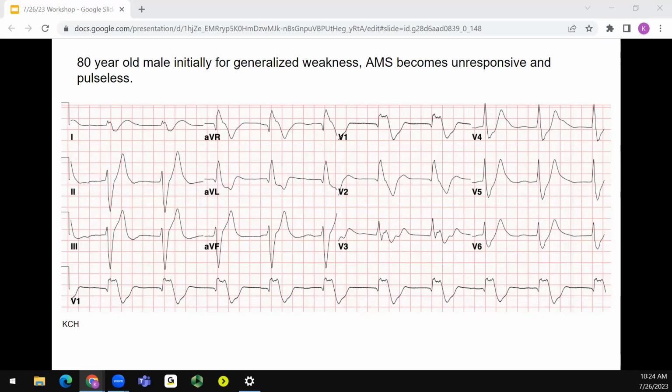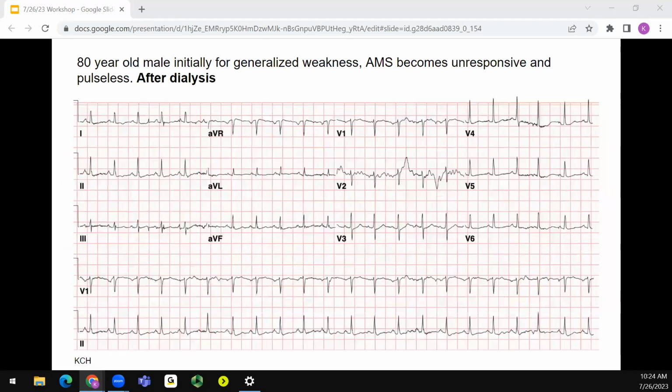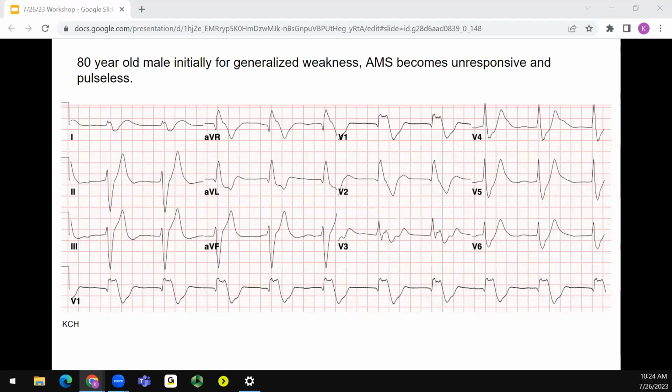He got dialyzed and extubated with a normal mental status. The K was, I think, 8, no, it was 9. Unclear if it was hemolyzed. There was probably some component of hemolysis, but he had urinary retention from maybe a UTI.